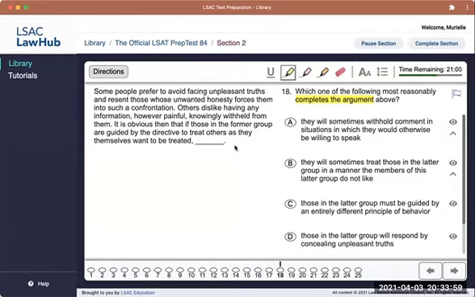One of the things that I think I mentioned before is that I like reading the question stem first, because that can give you some clues on how to approach the stimulus.